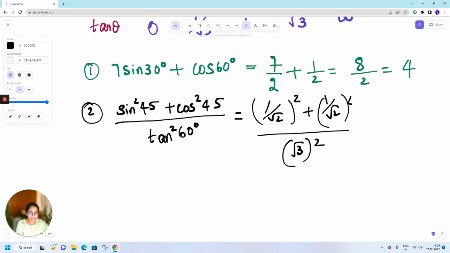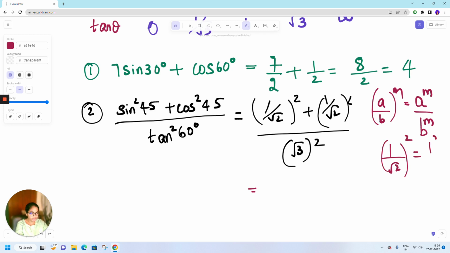What is a divided by b whole power m? It is a power m divided by b power m. So that would be 1 square divided by root 2 the whole square.